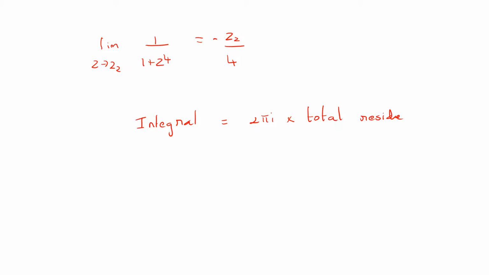So the total residue is nothing but, you can take the minus out, z1 by 4 plus z2 by 4. So we found out the value of z1 and z2. We have z1 is nothing but 1 plus i over square root of 2, and z2 is nothing but minus 1 plus i over square root of 2.